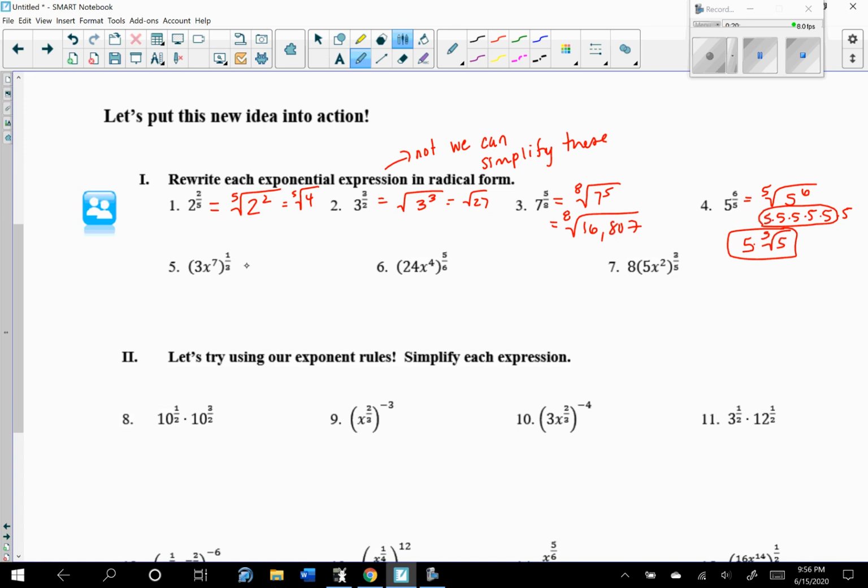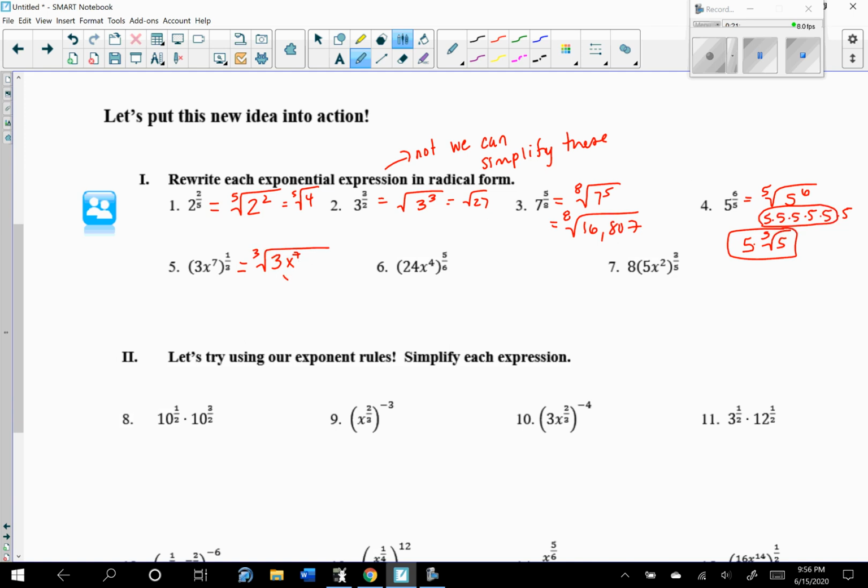For this one, notice that this is in parentheses all to the 1/3 power. So this is the cube root of 3 to the power of 1, and x to the 7 times 1, which would just be x to the 7th. And this is not simplified because this is an index of 3, which means we're looking for groups of 3.